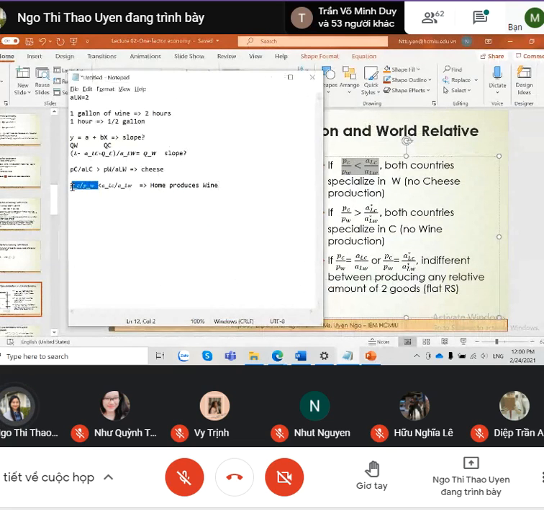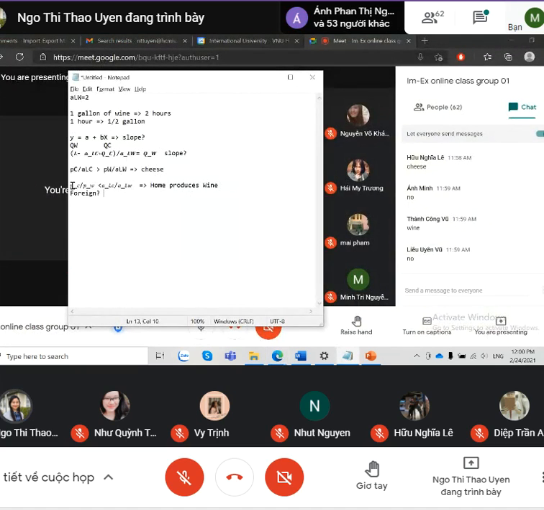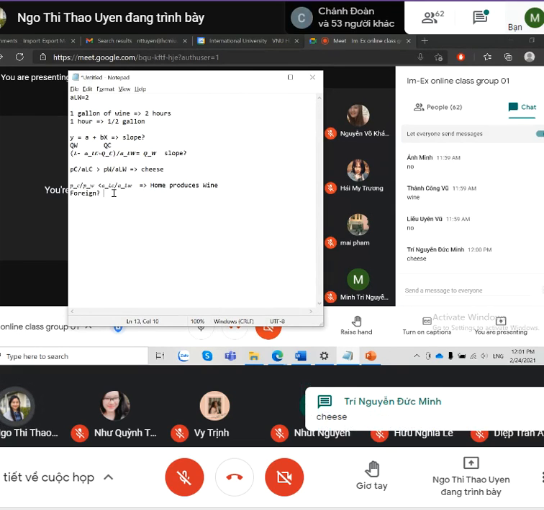So the thing you get is smaller than the thing you pay. So home will not produce cheese, but will produce wine. How about foreign? With this condition, foreign produces what? Don't forget the assumption at the beginning.